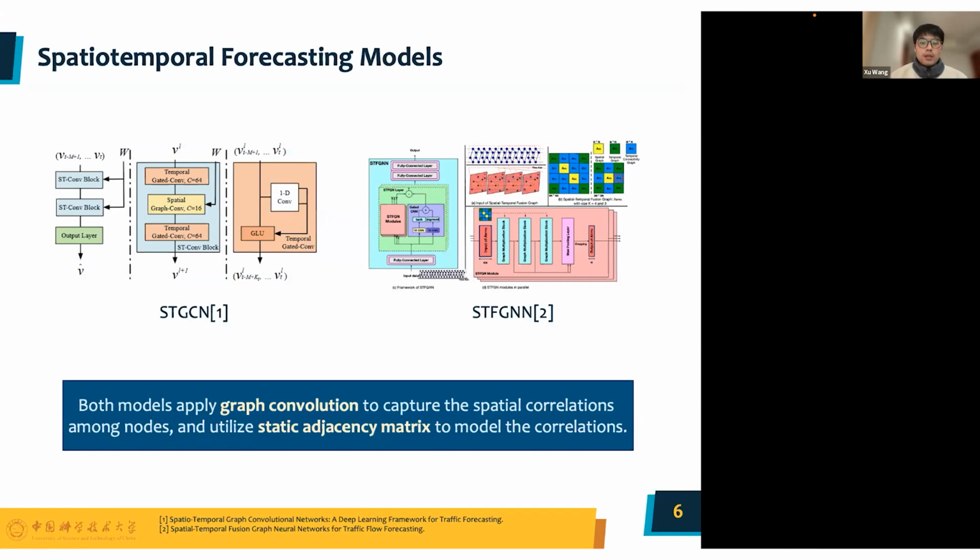And many existing state-of-the-art works, for example, STGCN and STFGNN, apply graph convolution to capture the spatial correlations among nodes and utilize static adjacency matrices to model the correlations.